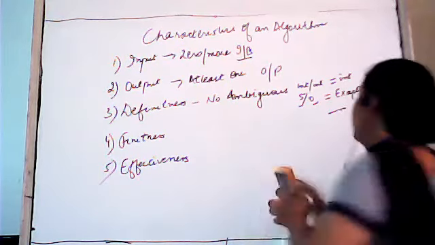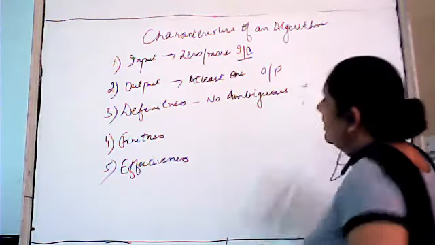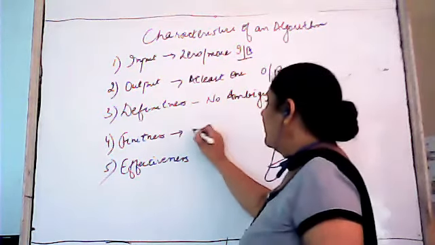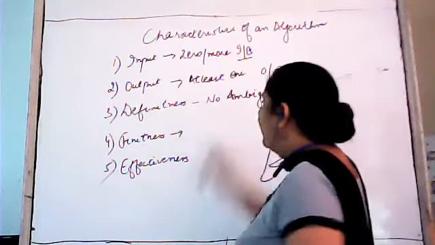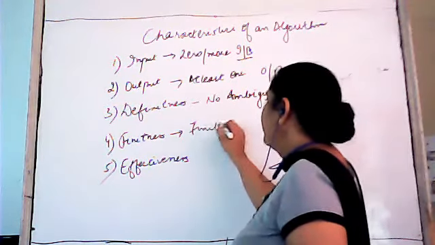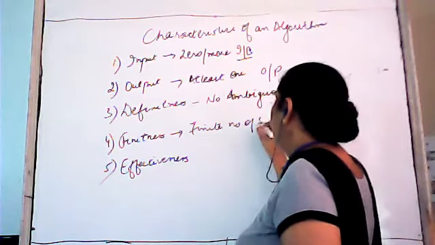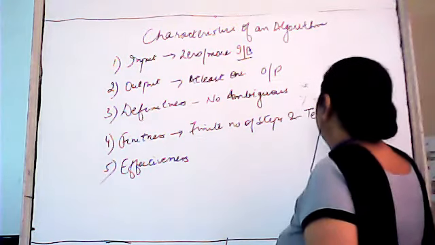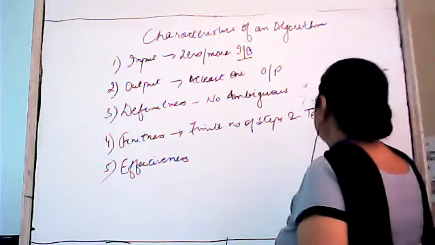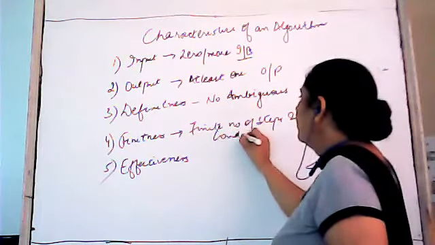Okay. Next, finiteness means the algorithm should have a finite number of steps. And it must have a terminating condition.